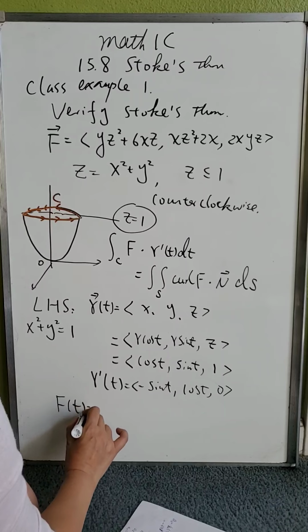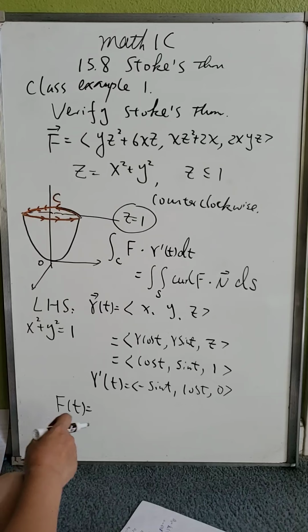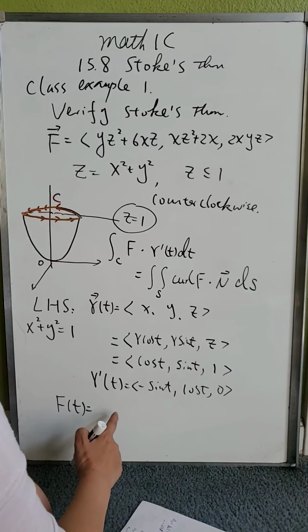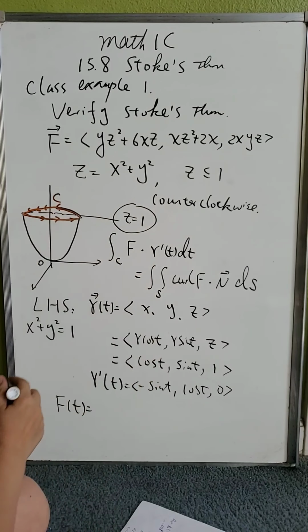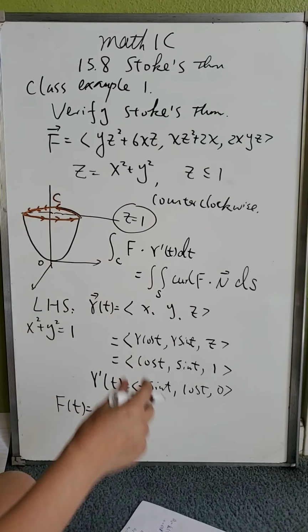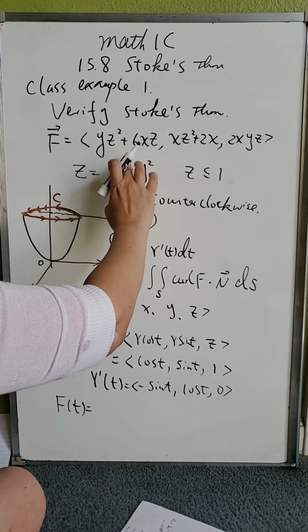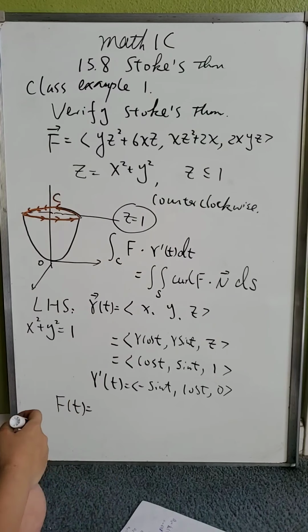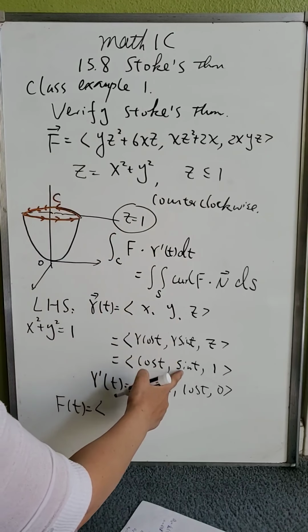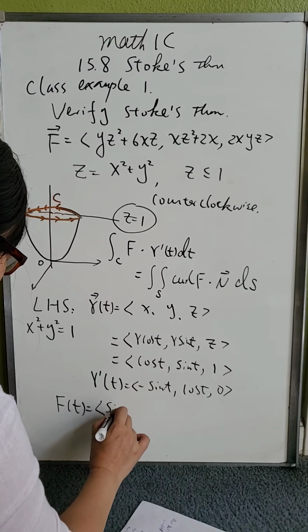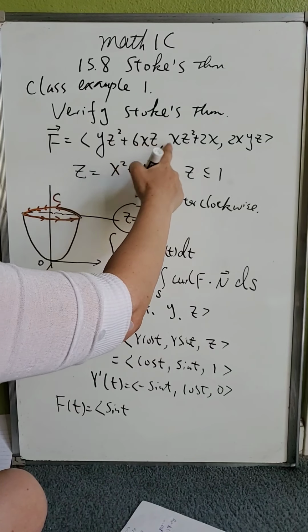Before I change it, I put the 1 inside here to simplify first, but we don't have to do that. My y is equal to sine t, and my z squared is equal to 1. So these are all 1 here.